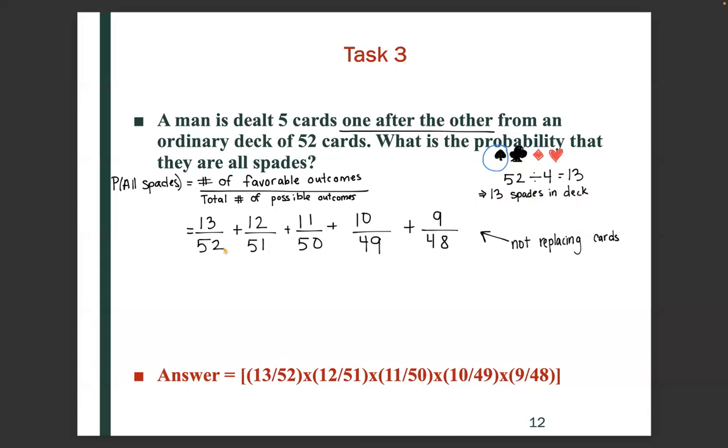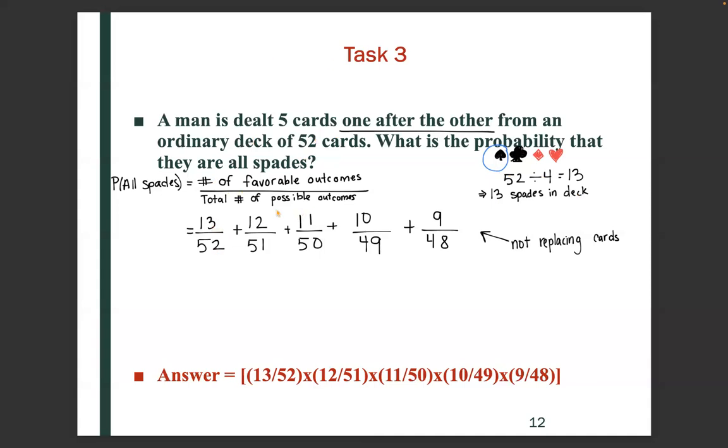So again, we want to know the probability that a man is dealt 5 cards one after the other and he has a spade each time.